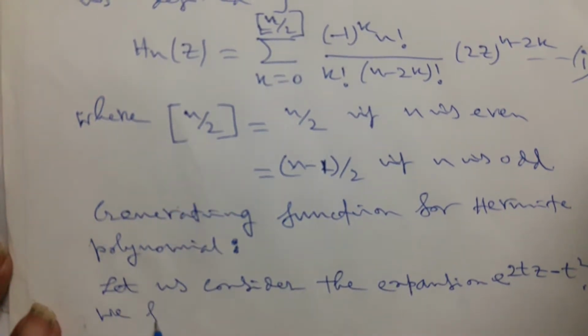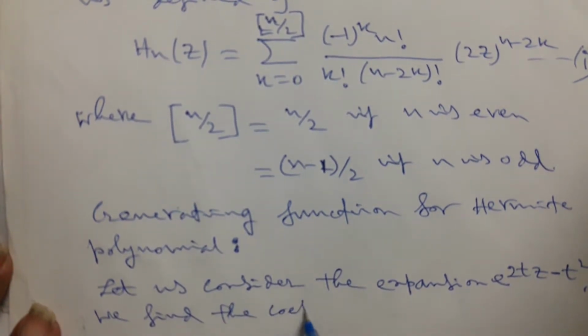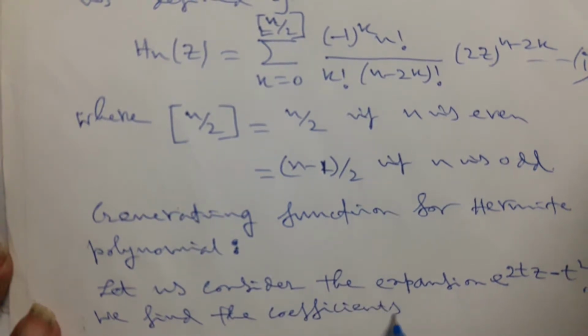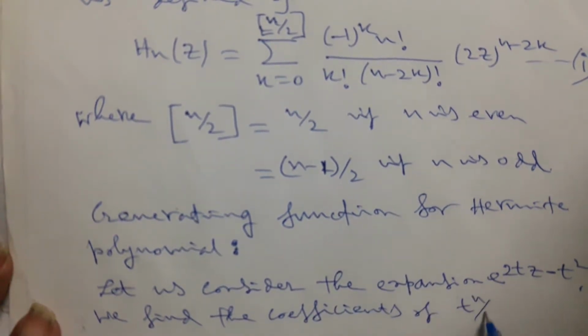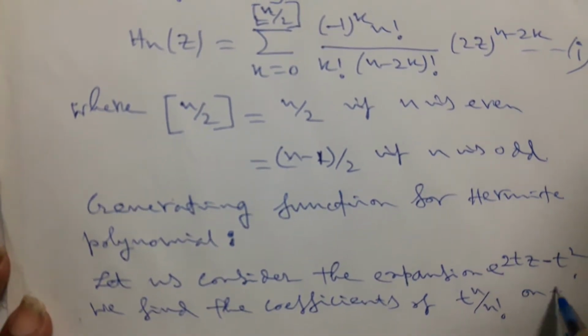We find the coefficient of t to the power n by n factorial in this expansion.